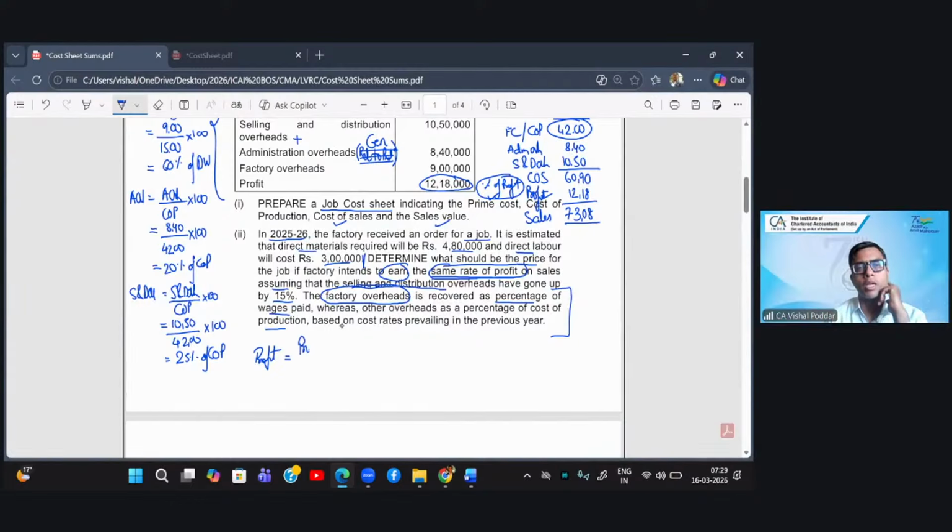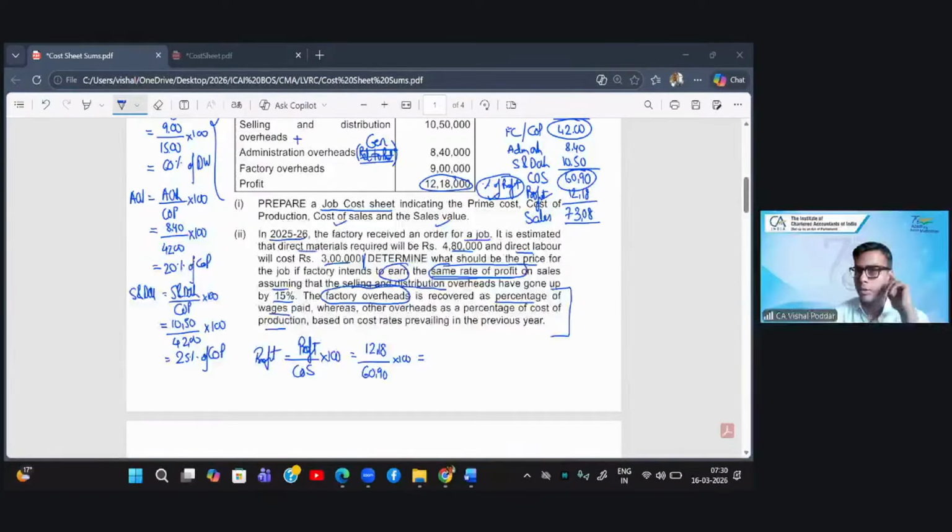So I'll be calculating profit, correct? So it is 1218. COS, how much did we get? It is 1690 into 100. I hope you understood. They have said percentage of sales.